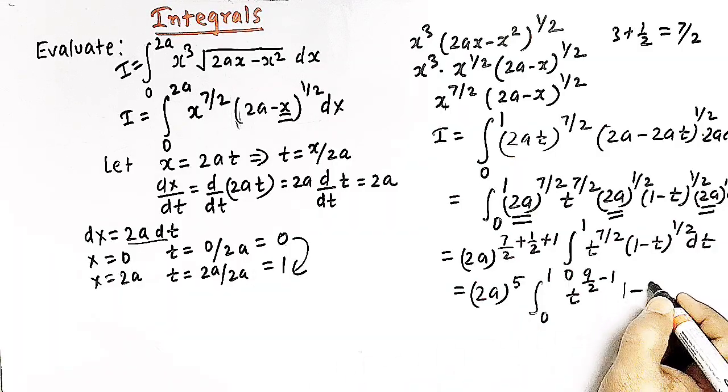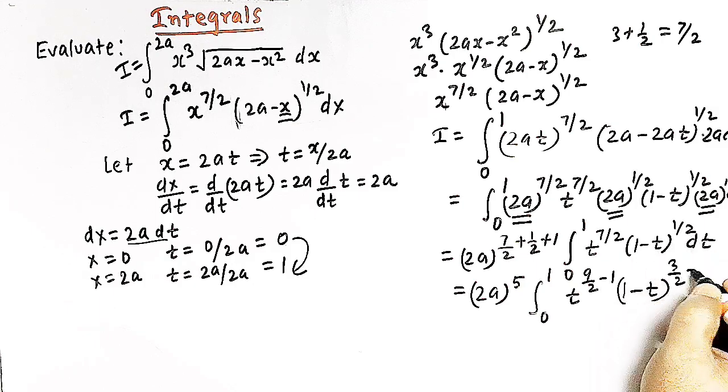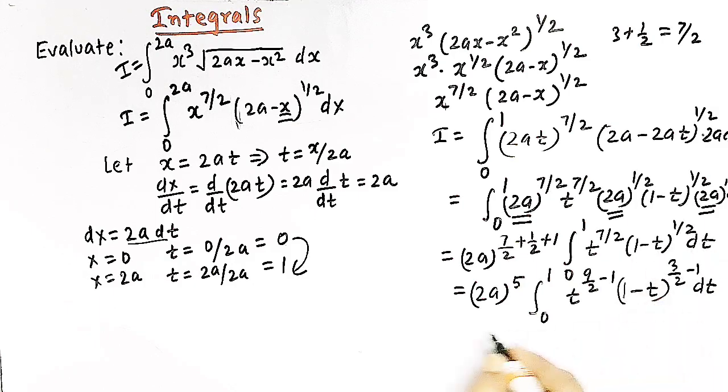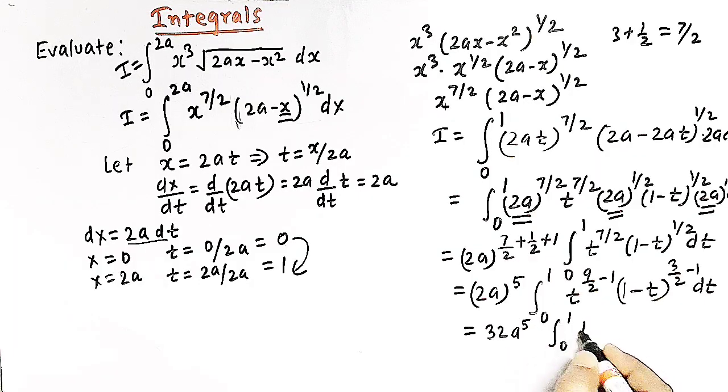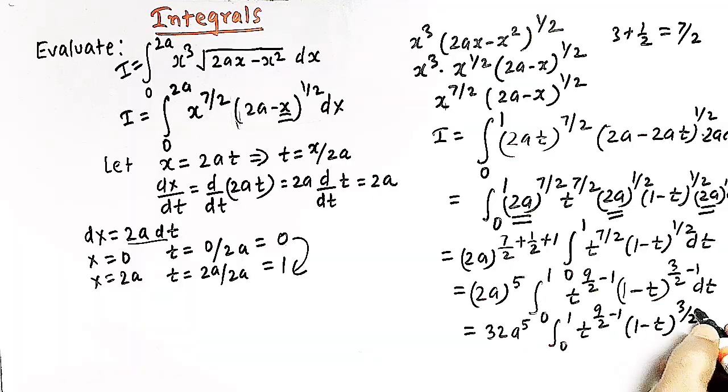And 1 minus t raised to half can be written as 1 minus t raised to 3 by 2 minus 1. So now 2 raised to 5 is 32, and we have a raised to 5 times the integral from 0 to 1 of t raised to 9 over 2 minus 1, 1 minus t raised to 3 by 2 minus 1 dt.